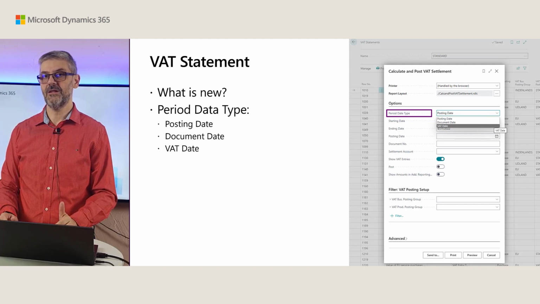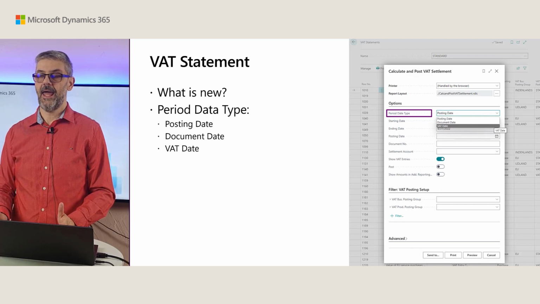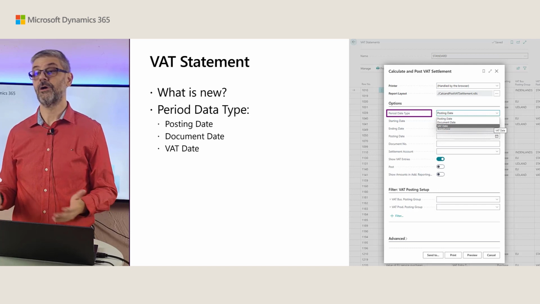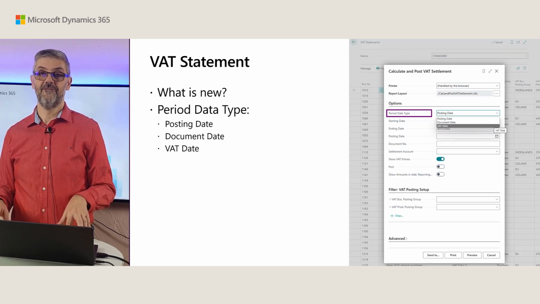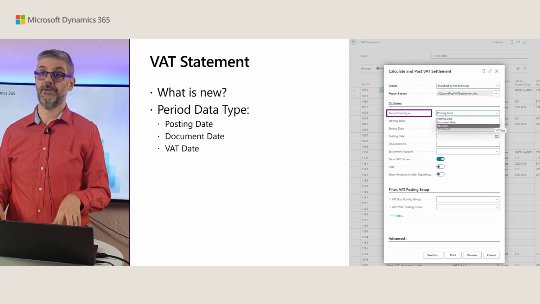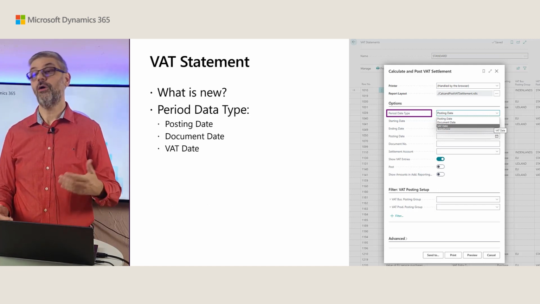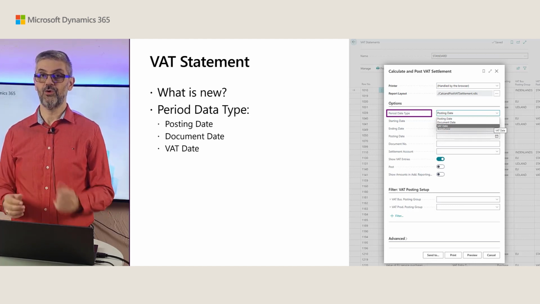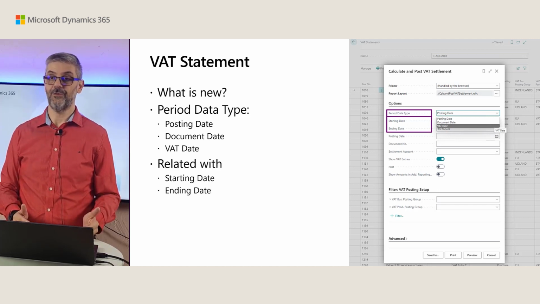But the statement is a pretty sensitive document, and we will still maybe have some behavior of using posting date. We just wanted to avoid some misunderstanding and potential issues with VAT, and you can choose the VAT statement to be based on VAT date, as we recommend, as a new date, or you can still use posting date or eventually document date as well. Based on what you configure here, your starting and ending date will be related to this configuration.